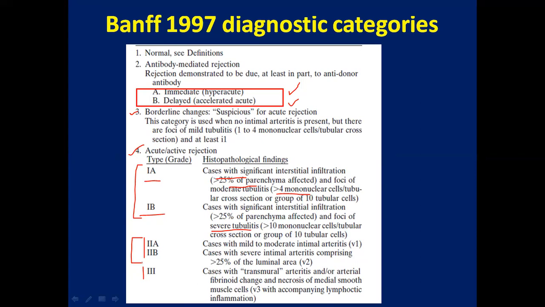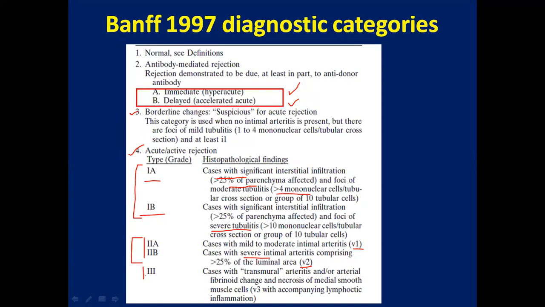So if there is a mild to moderate intimal arteritis, that was labeled as V1 lesion. And if there was a severe intimal arteritis comprising more than 25% of the luminal area, it was labeled as V2 lesion. Both these are vascular rejections. And then there was a very severe vascular rejection, in which there will be either fibrinoid necrosis of the vessel wall, or the inflammation will go through the entire wall of the vessel.